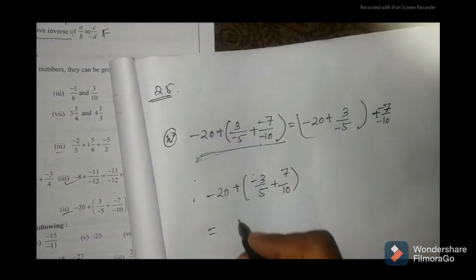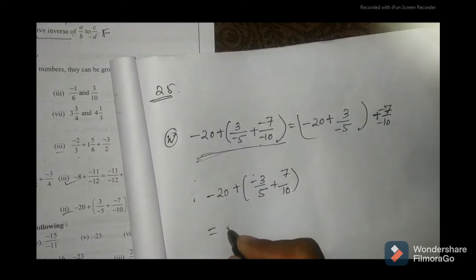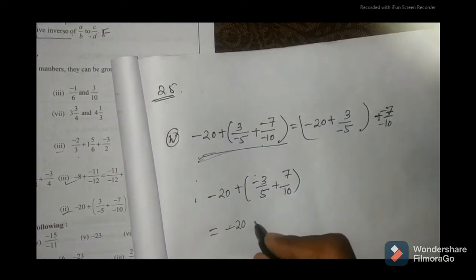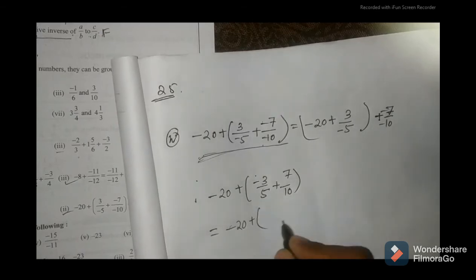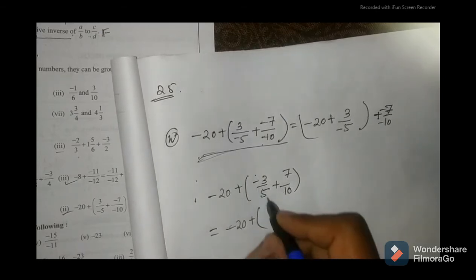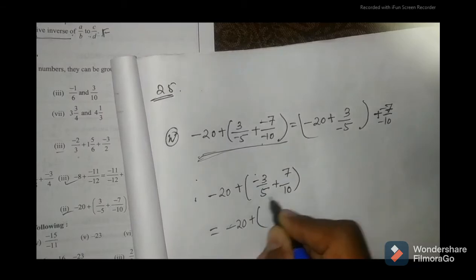Then equal to minus 20 plus, we will solve the bracket first.